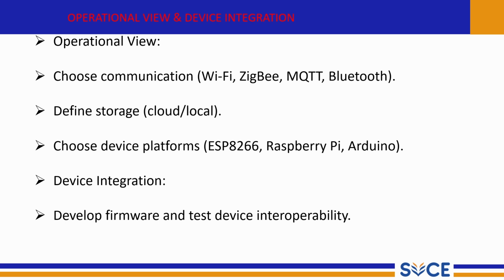We have to define the storage, whether it is cloud or local. And next we have to choose the platform, whether it is ESP8266, Raspberry Pi or Arduino, because based on this the data can be controlled and handled. And for device integration, we have to develop the firmware and test device interoperability.